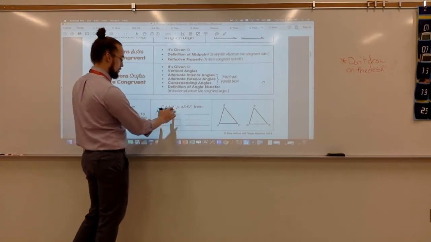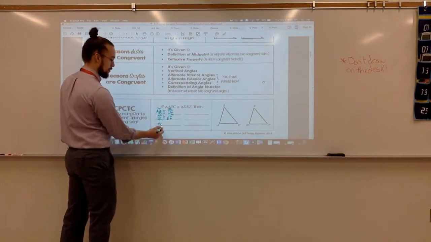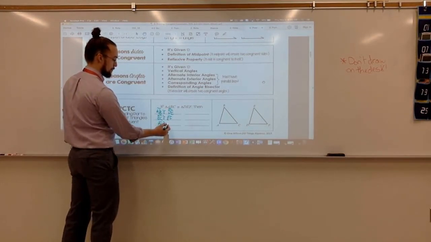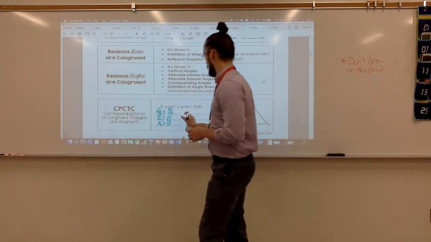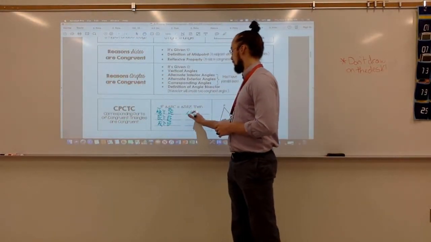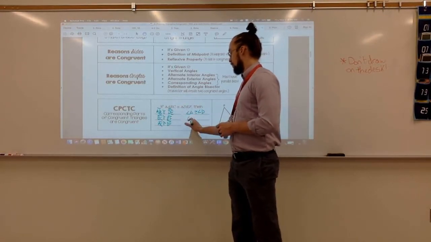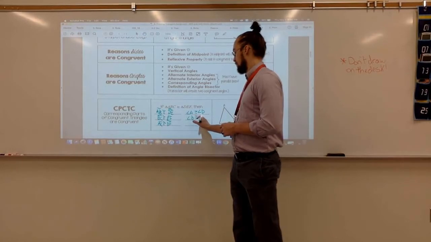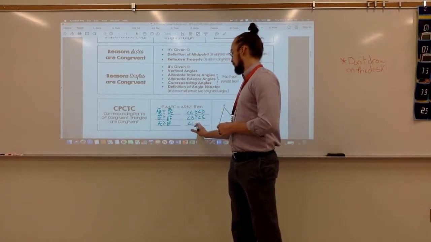And then for the sides, I could say AC and DF would be congruent. And then for the angles, we say angle A and angle D are congruent. Angle B and angle E are congruent. And angle C and angle F are congruent.